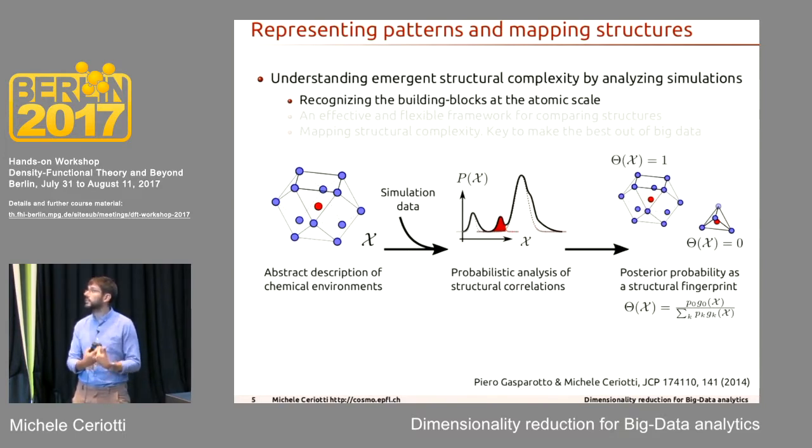And if you think about it, most of the hand-waving explanation of the properties of materials always relies on saying we have a hydrogen bond, we have secondary structure in polypeptides, we have octahedra in perovskite materials whose orientation drives electronic and magnetic transitions. So really, a first ingredient in any approach that tries to understand materials from a purely data-driven approach has somehow to rely on a pattern recognition engine that can identify patterns that involve just a few atoms.